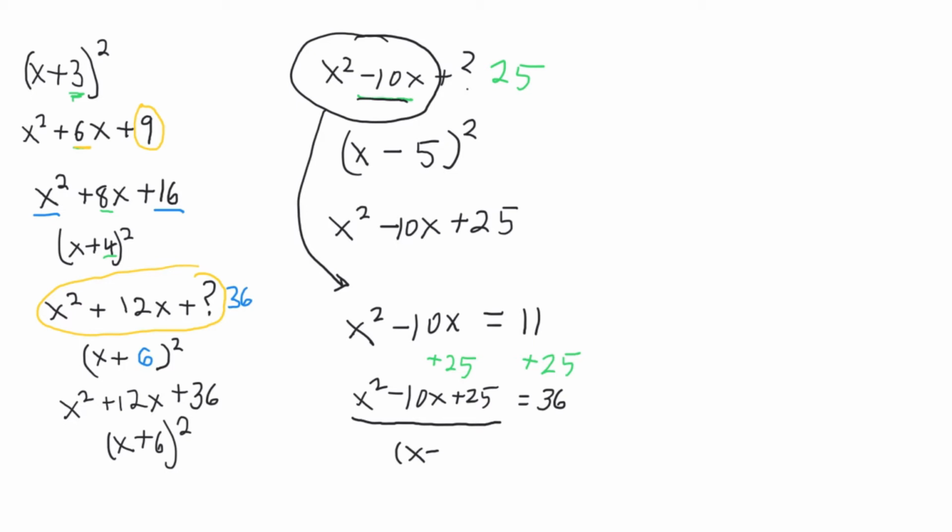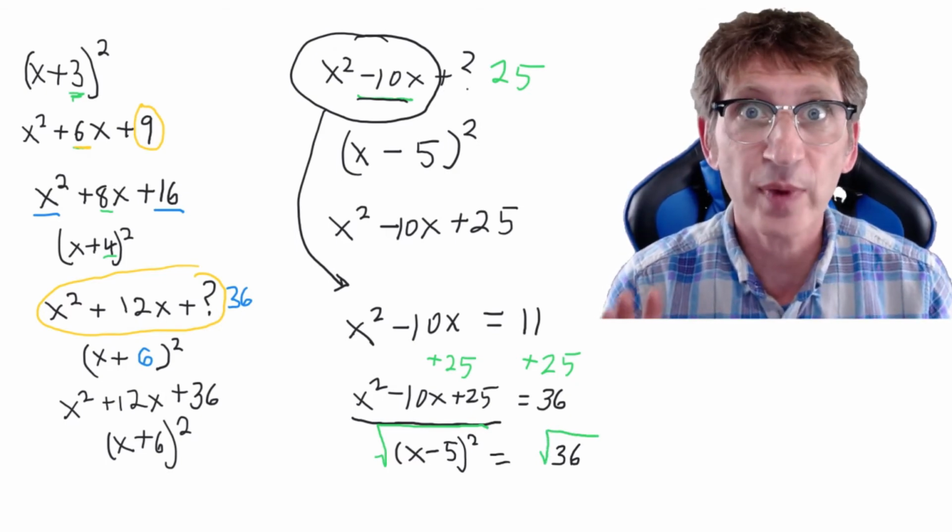So if I write it as x minus 5 squared, and then I've got 36 over here, now I can use what I learned about square roots and take the square root of both sides. Square root of the left side, square root of the right side, plus or minus.